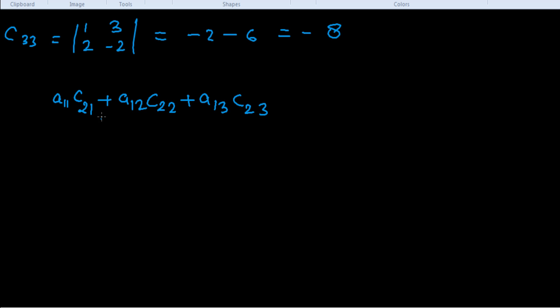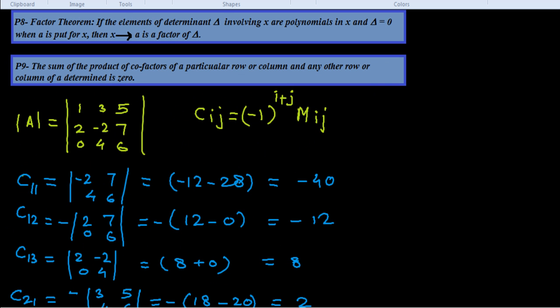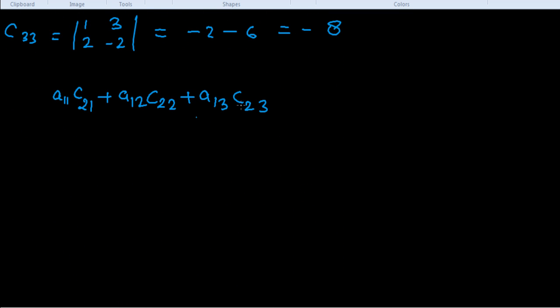So we see what happens here. The first row elements are 1, 3 and 5. Here 1, here 3, here 5.